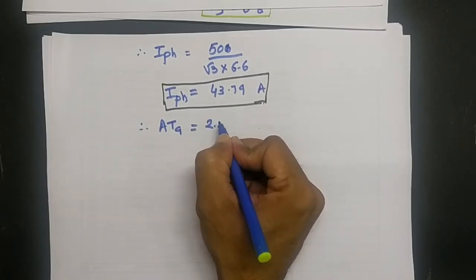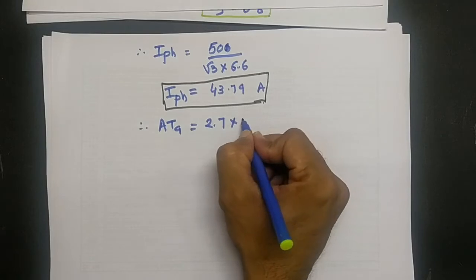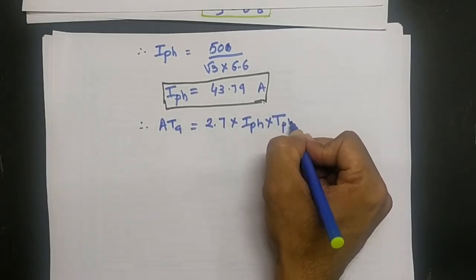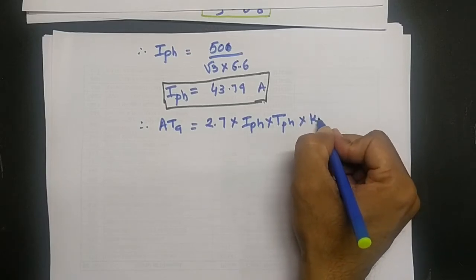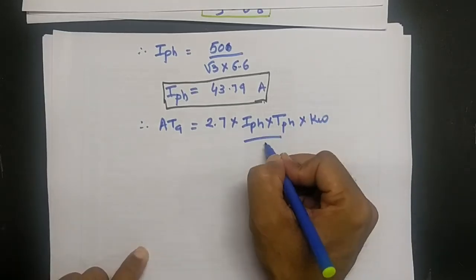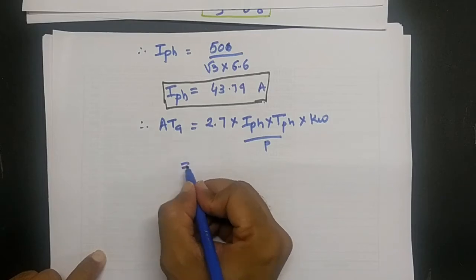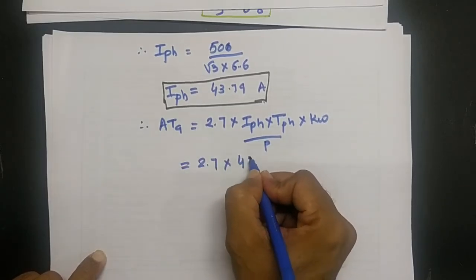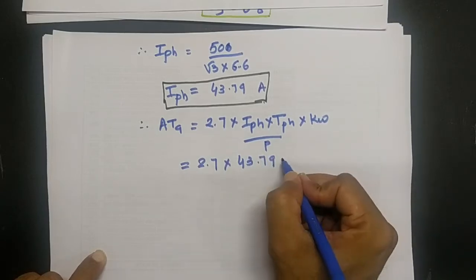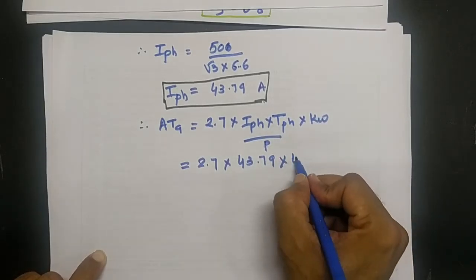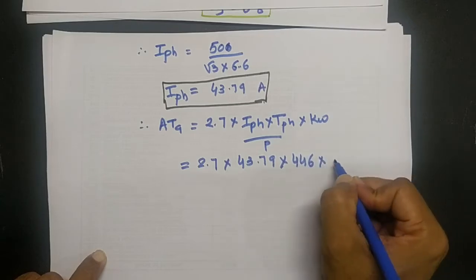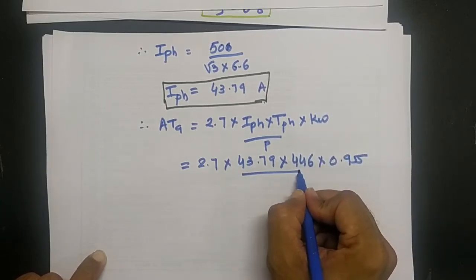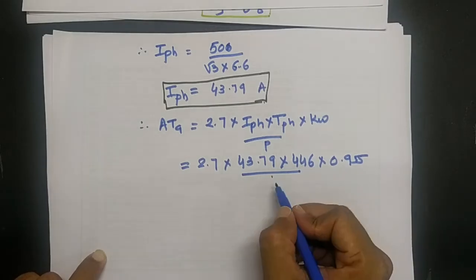Again I write the equation: 2.7 multiplied by I phase multiplied by T phase multiplied by kW and divided by P. Now we substitute all the values. 43.79, that is current. Turns per phase, that is 446, multiplied by 0.955, and number of poles, that is 12.